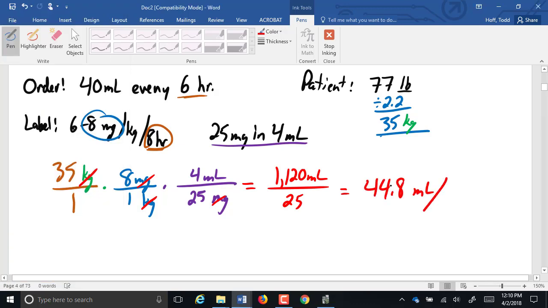Now here's where it's important to remember our time. That is per 8 hours. Now we need to titrate this to account for the 6 hours. 44.8 is every 8 hours. How much would that be every 6 hours?